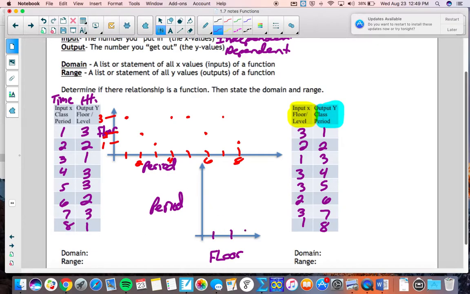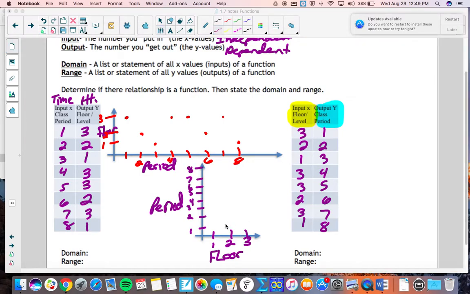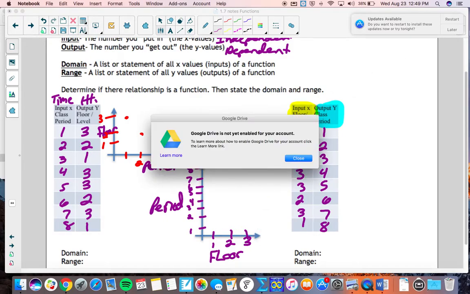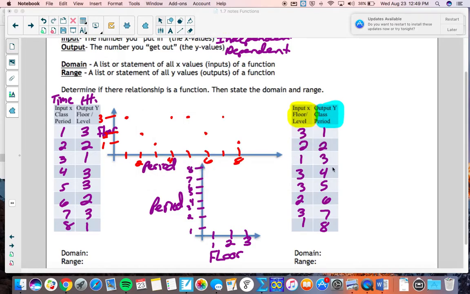So for floors, we go up from 1 to 3. And for class periods, there's 8 of those. When we're on floor 3, we're in class period 1.